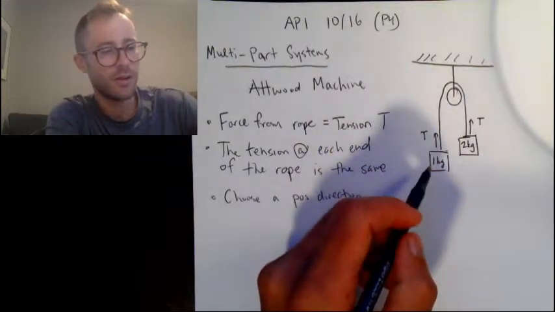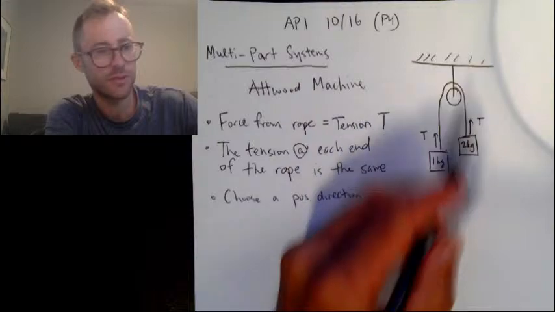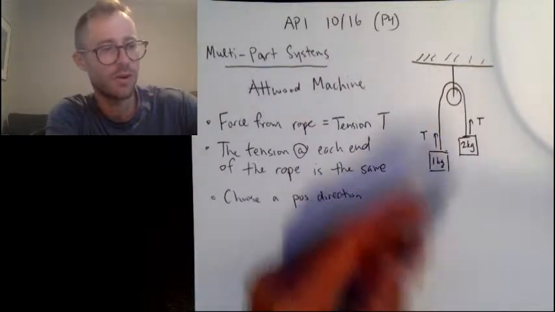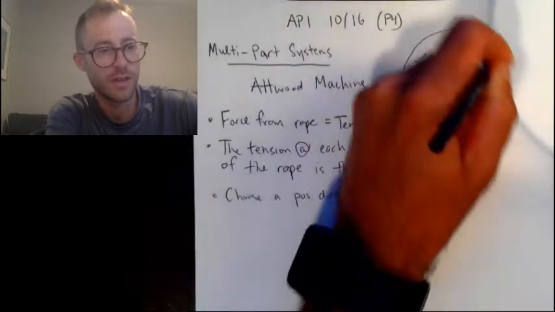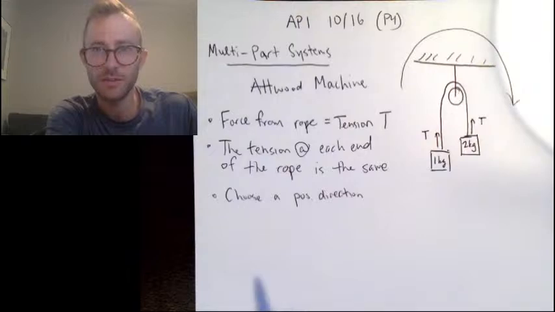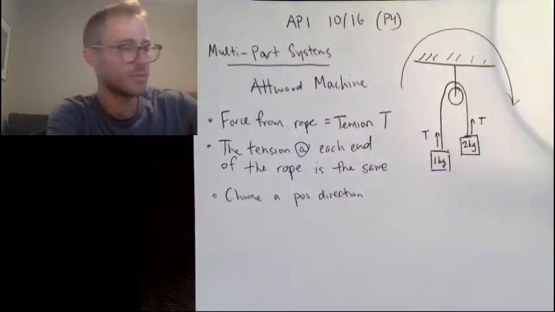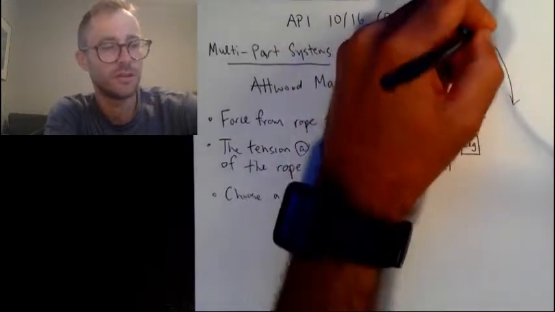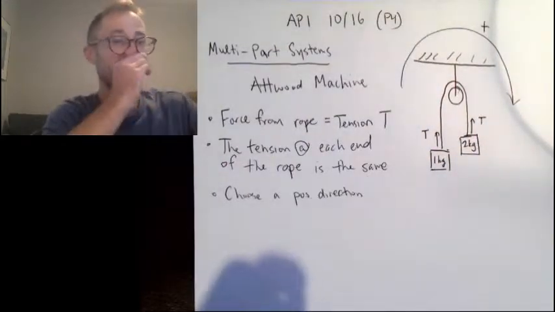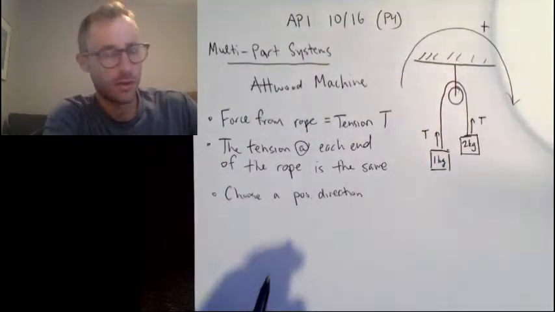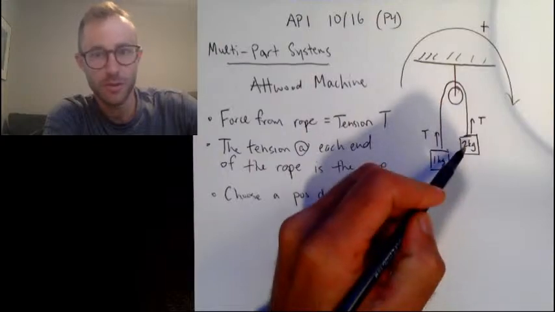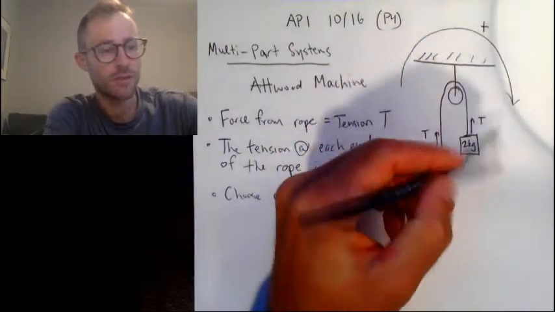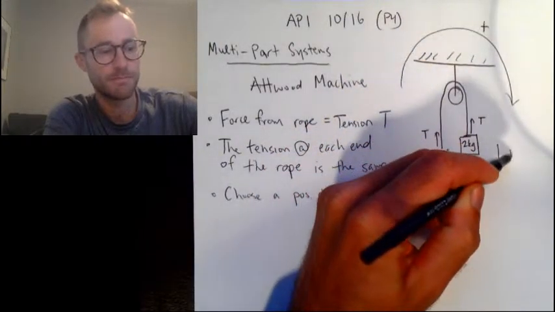So I know that the 1 kilogram mass is going to rise, and the 2 kilogram mass is going to fall. So I'm going to choose any motion in the clockwise sense as the positive direction. Okay? So on this side of the pulley, the positive sense is downward.